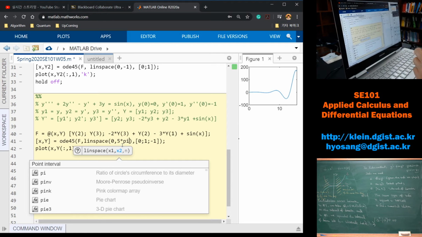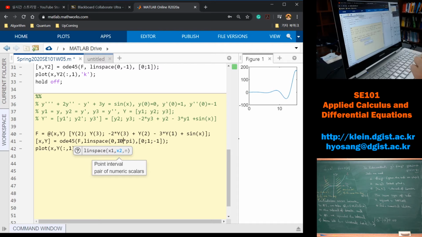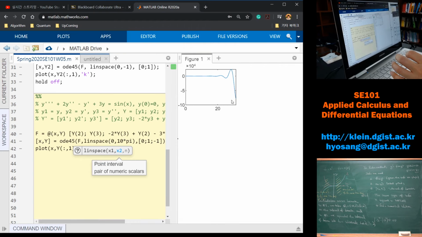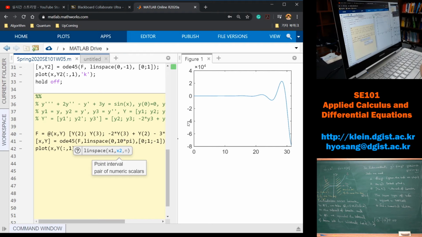Okay, so that's more interesting, right? How about 10 times pi? Okay, that's more interesting. It seems like it's oscillating. Can you see clearly? When you do this, you see the scales are way different from the scale of x. There is a lot of oscillation here, and the amplitude of oscillation is getting larger and larger exponentially.